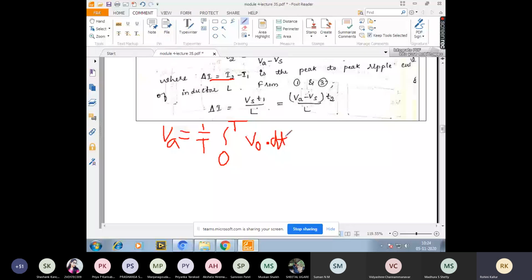I know what V naught is, it is equal to Vs. So I'll keep it as Vs, and since it is constant, I'll take it out. So the value becomes Vs divided by T into integration from 0 to T1 of 1 into dt.